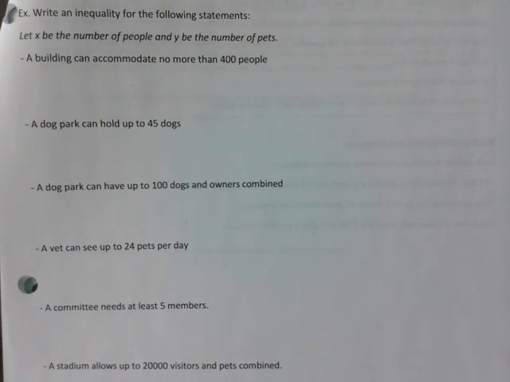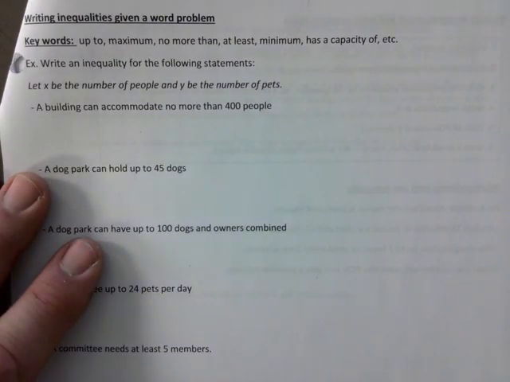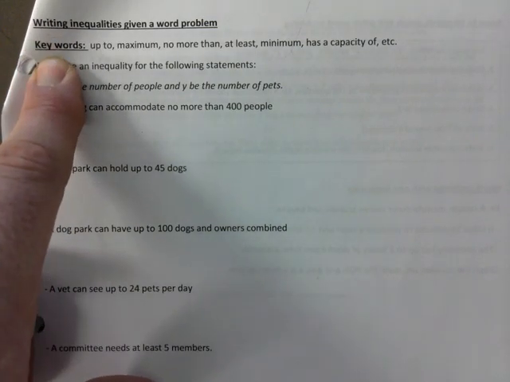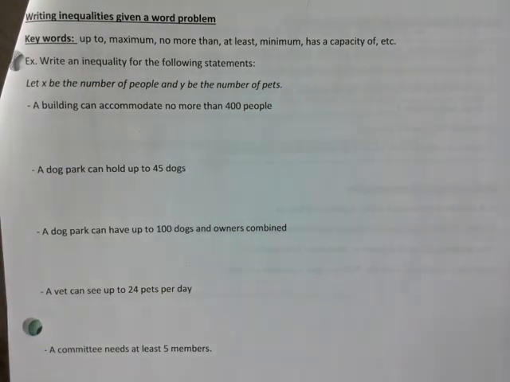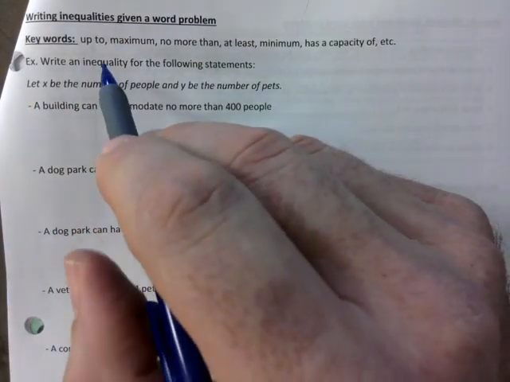So let's go to page 40 here. I want you to practice this. I want you to see it today before we move on to graphing these things. Keywords. These are the keywords that indicate, pay close attention to this.